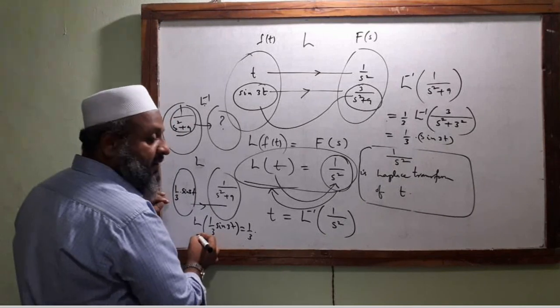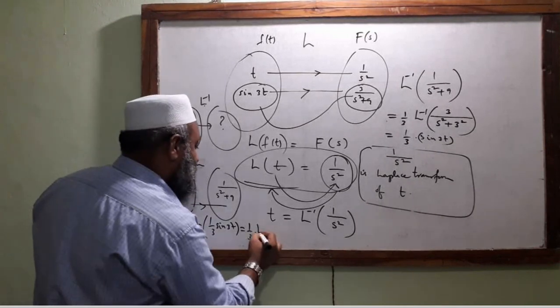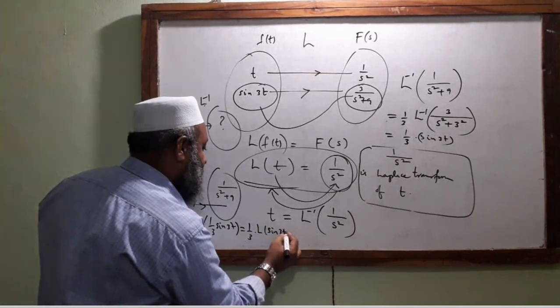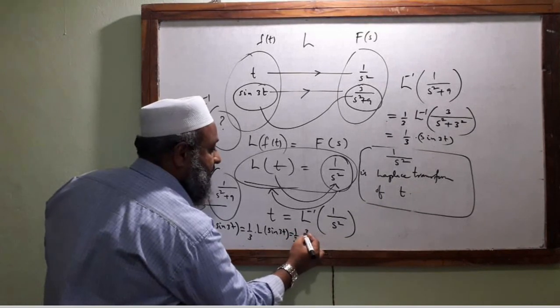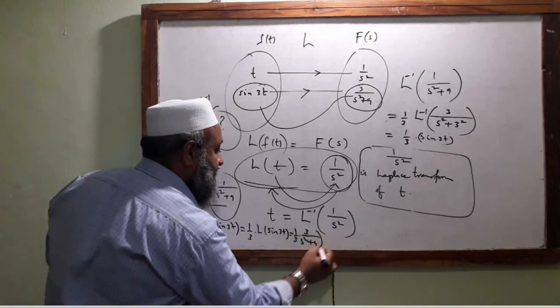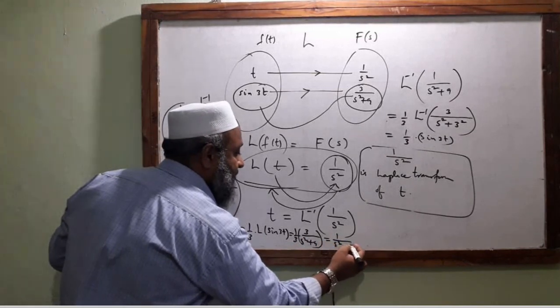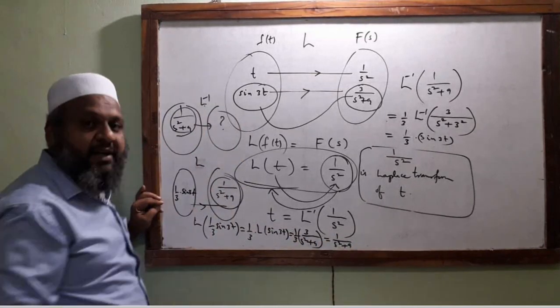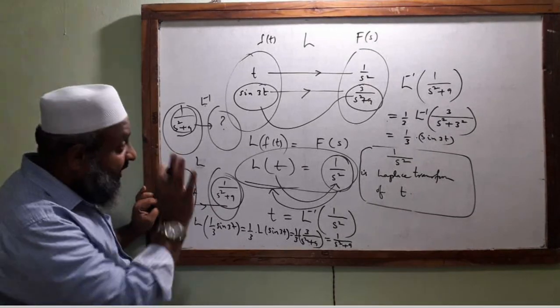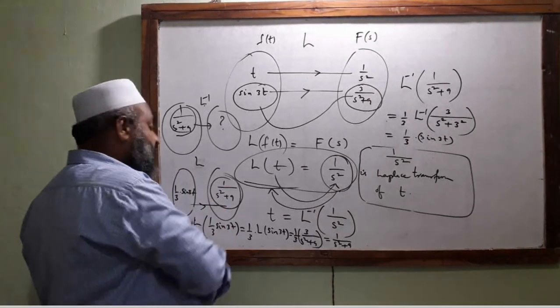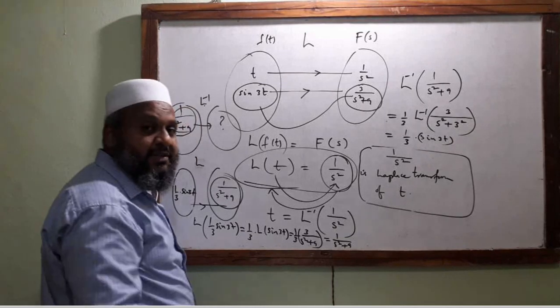So 1 by 3 we can take it out. So L of sine 3t, that is 1 by 3 into 3 by s square plus 9, and this 3 gets cancelled and we get back 1 by s square plus 9, that is nothing but this one. I hope you understood. Taking the constant out will be answered by the properties of Laplace transforms.